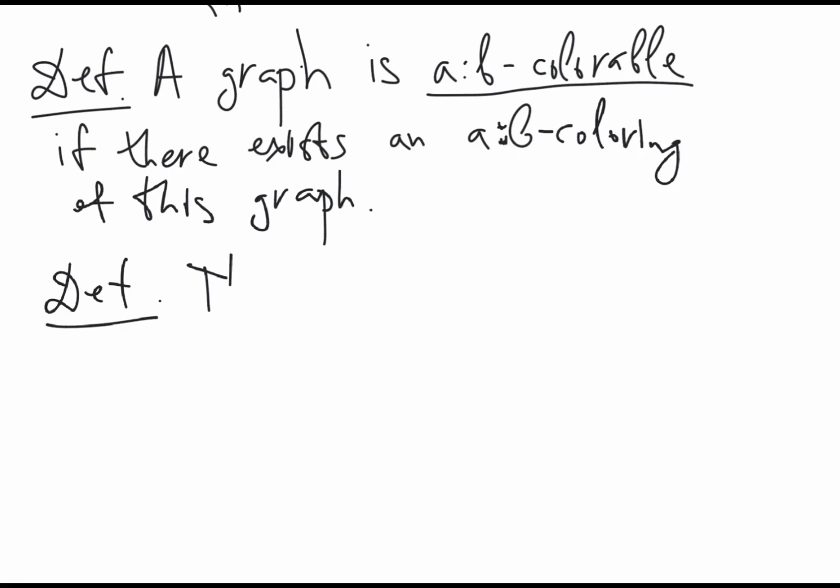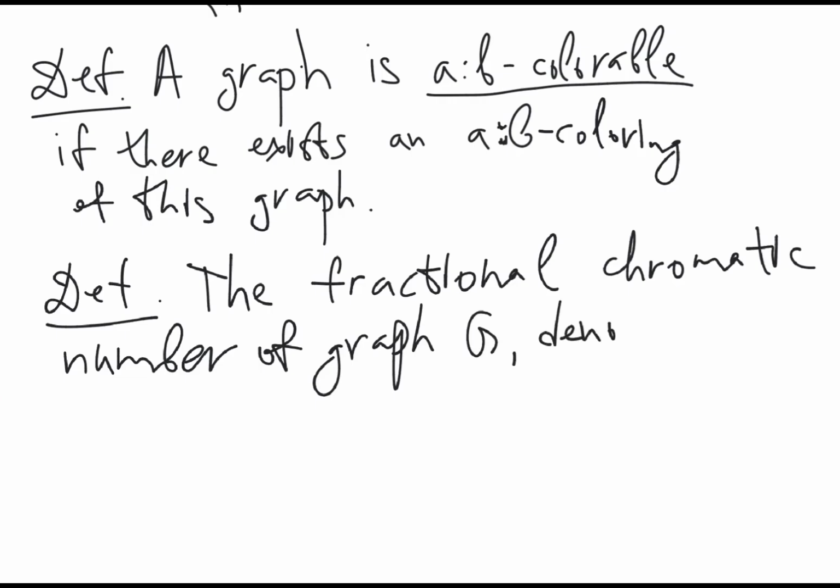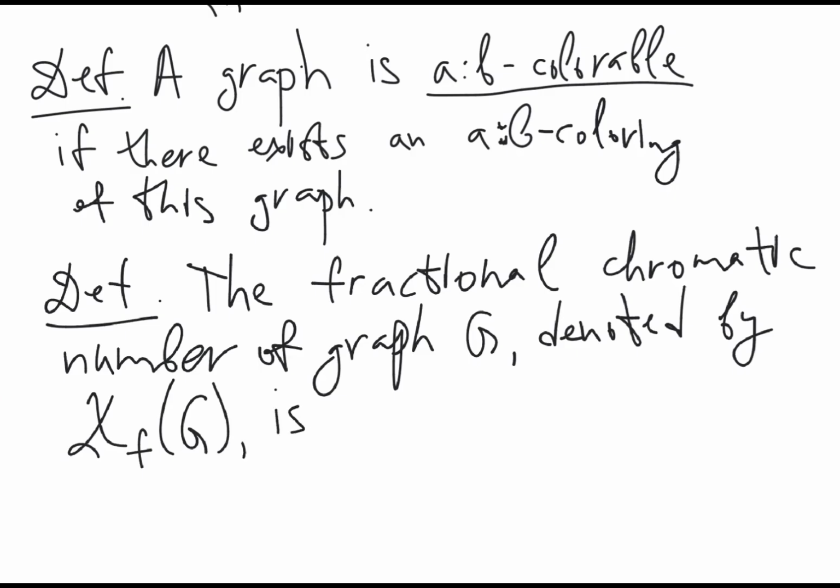So the fractional chromatic number of graph G, denoted by chi with index f of G, is the infimum over all parameters A, B such that the graph G is A colon B colorable.